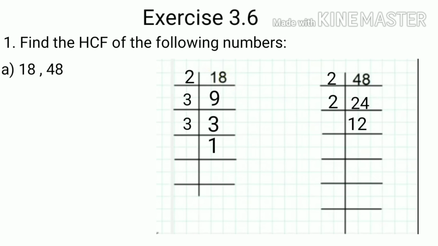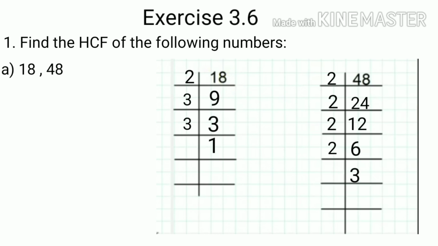And now, again we need to find a prime number which can divide 12 exactly. So we will divide 12 by 2 again and the quotient will be 6. And since we know 6 is also divisible by 2, we will divide 6 by 2 again and the quotient will be 3.